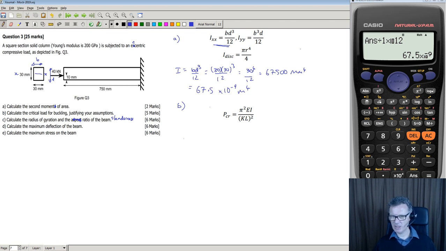In our case, we've got a fixed end and a free end, in which case K is going to be 2. If you've got a truss type problem with pins at either end, then K would be 1.